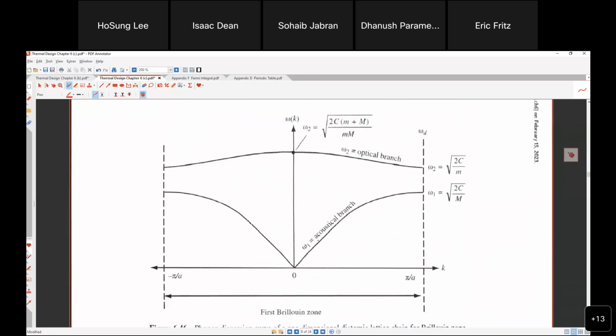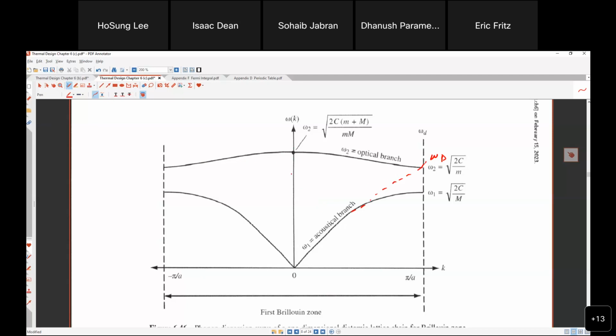The acoustic, and then there is a weird one we call the optical branch that appears. Just a simple mass is indicated, but still, we will assume omega Debye. But what is this?